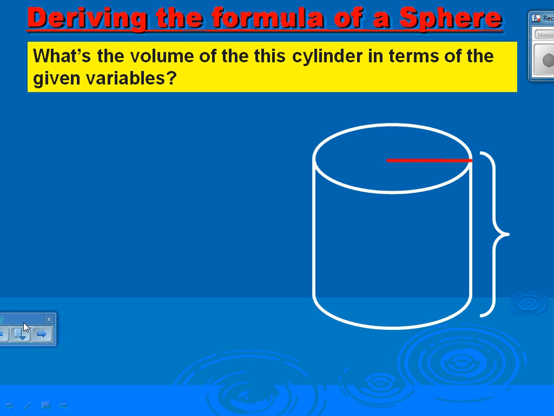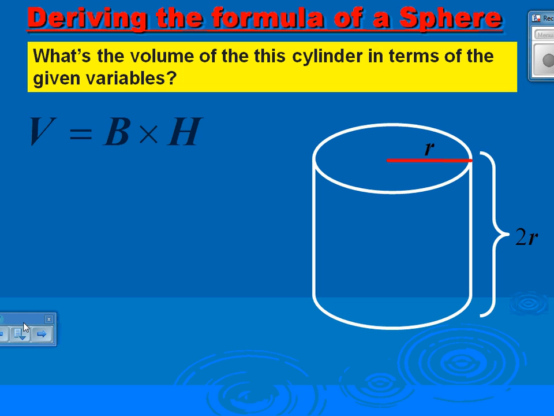My question now is, what's the volume of this cylinder in terms of the given variables? So let's find the volume of this cylinder in terms of the radius and the height of 2r. So let's figure out this volume.